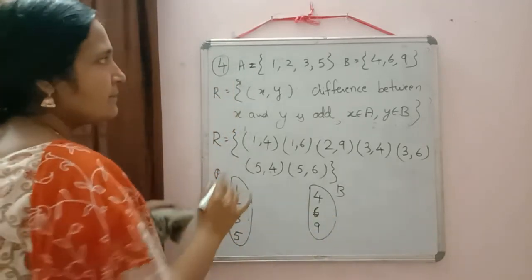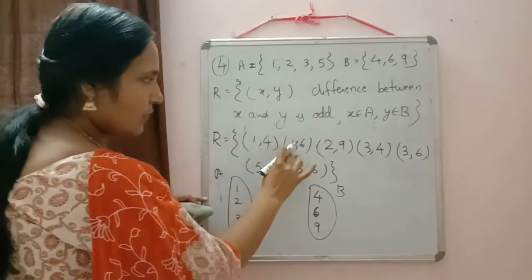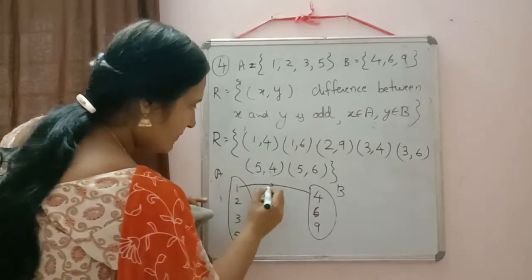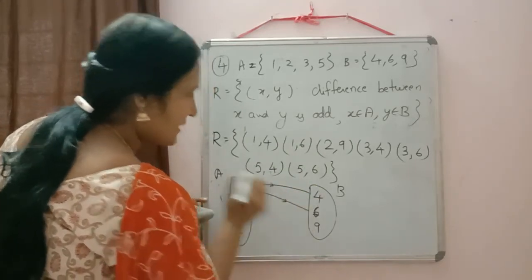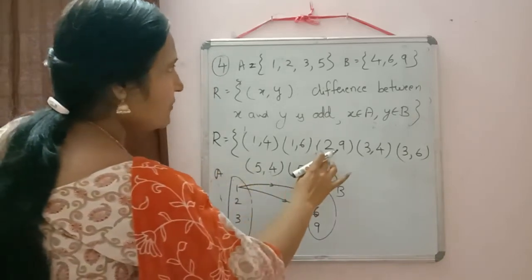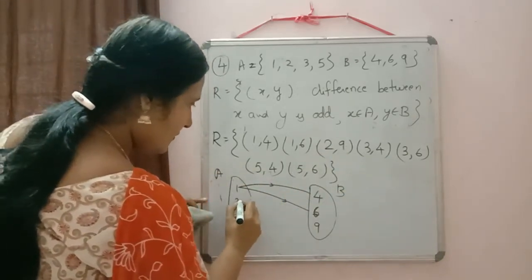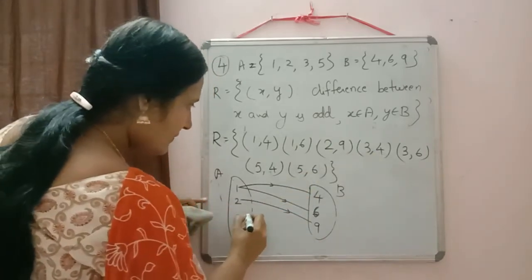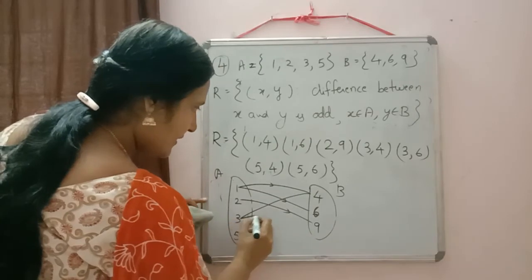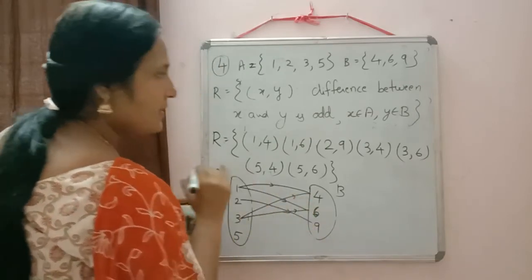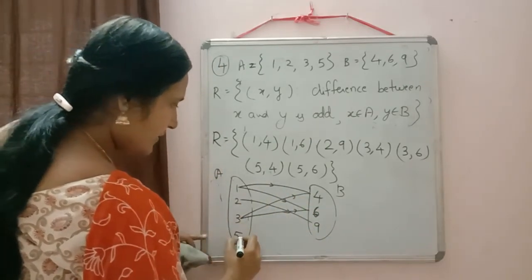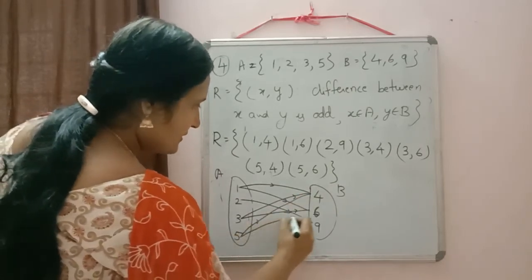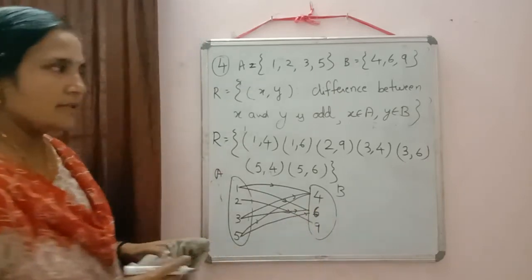So first one, 1 is related to 4, and 1 is related to 6 also. Then 2 is related to 9. 3 is related to 4 and 3 is related to 6 also. Then next, 5 is related to 4 and 5 is related to 6 also. So in this way we can draw the arrow diagram.